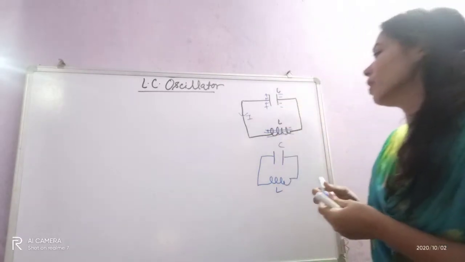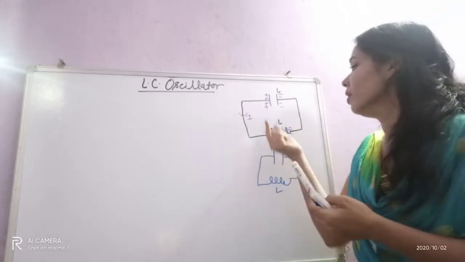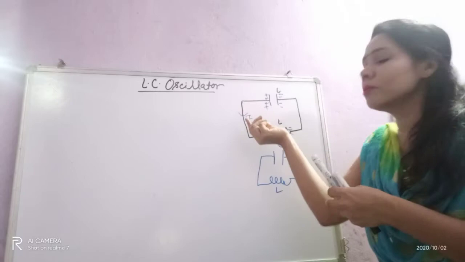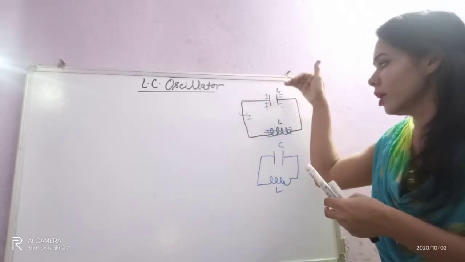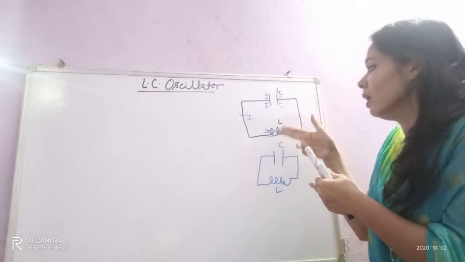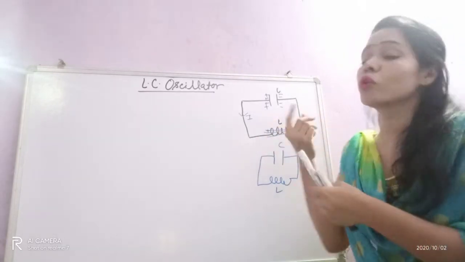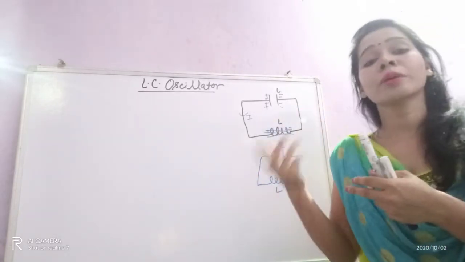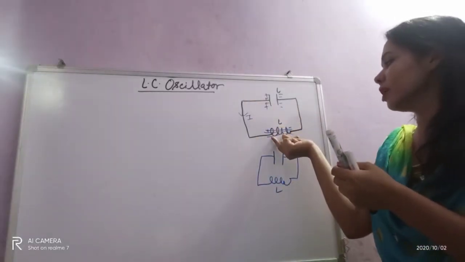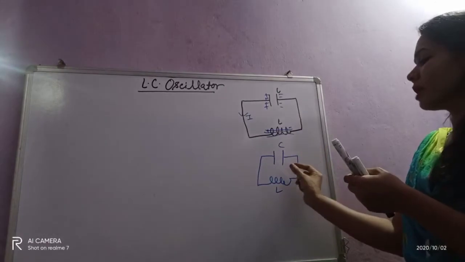Now when the capacitor gets discharged, what will happen? The current will try to die. By the behavior of an inductor, it opposes a growing current and supports a dying current. So the current is dying here, and the inductor will induce an EMF inside it.